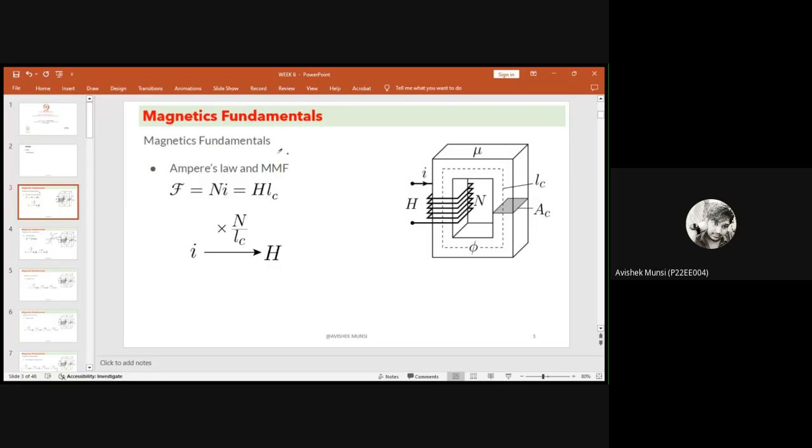So what is MMF basically? MMF stands for magnetomotive force.